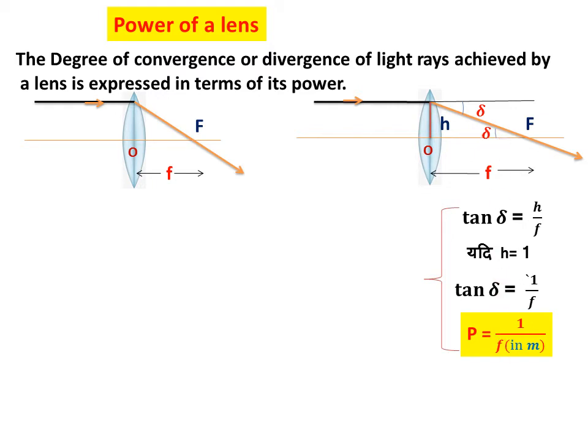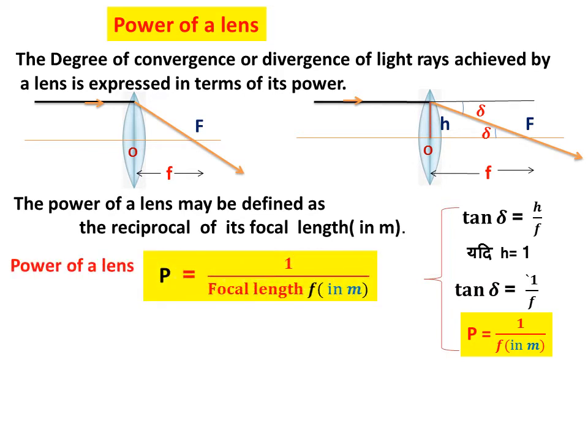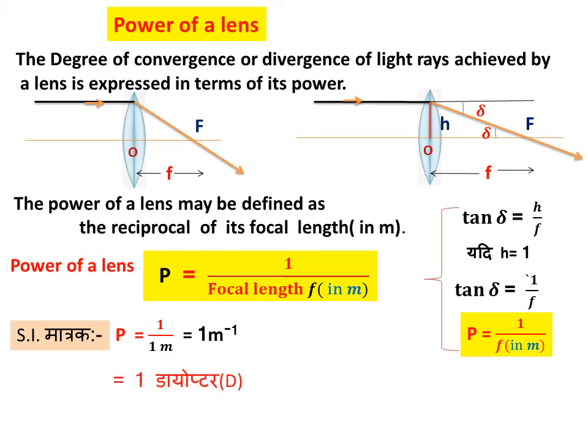Okay, so what we have learned is that the power of a lens may be defined as the reciprocal of its focal length in meter. We can say P is equal to 1 upon f, where f is the focal length in meter, and the SI unit of power of a lens is 1 upon meter, so it is meter inverse, and we call it diopter.